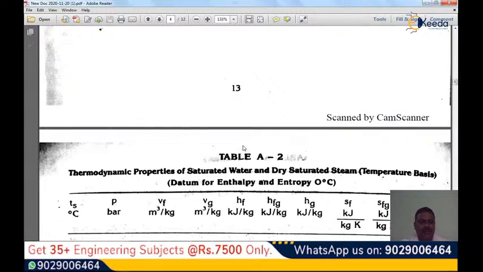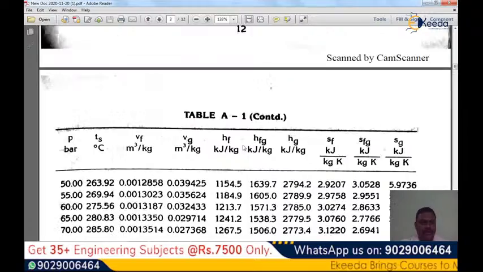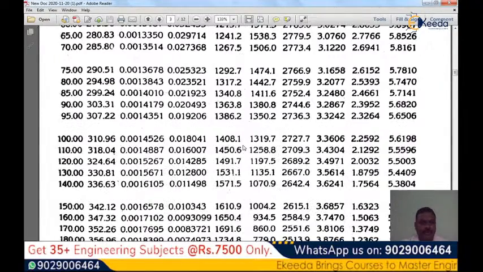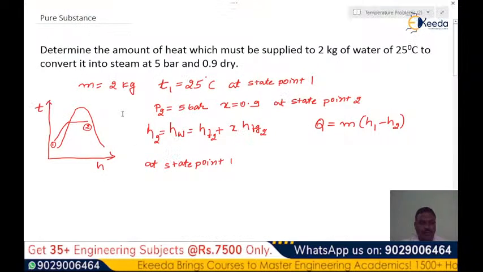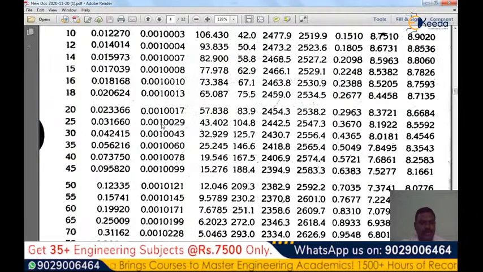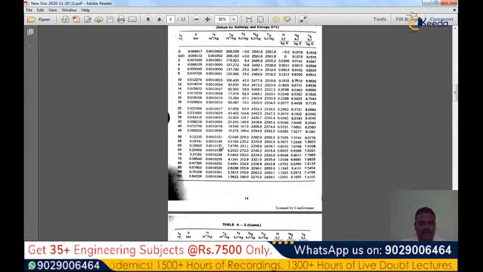For that, let's go to the second table. It is on the temperature basis. Table 2, right? So what is the temperature? It is 25 degrees Celsius. At 25 degrees Celsius, what is this HF? HF is 104.8 kilojoules per kg.